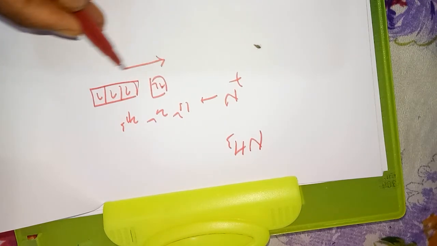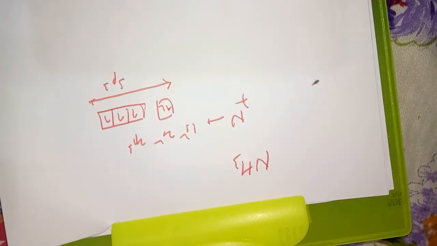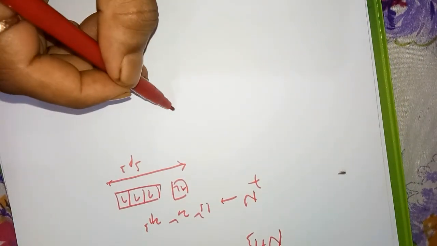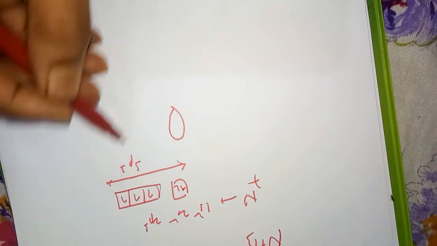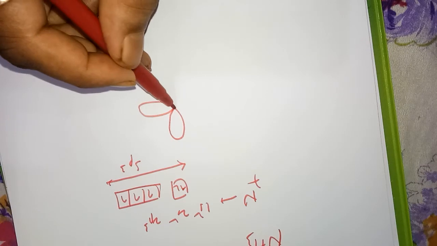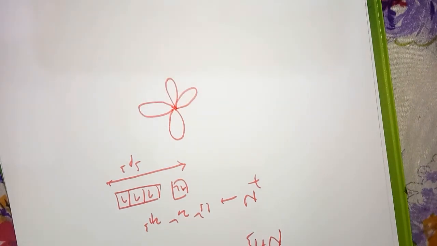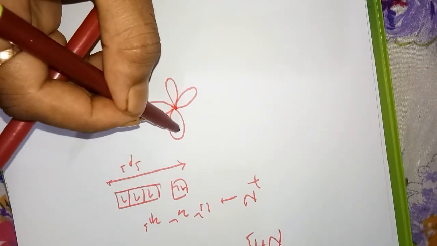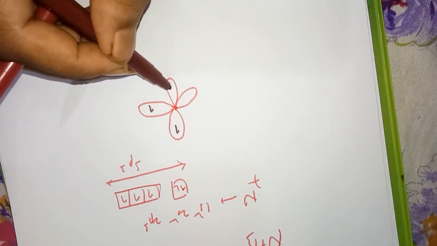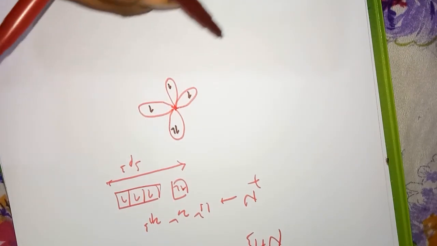So hybridization type is sp3, s1 p3 involved, means one box of s and three boxes of p. So this is your sp3 type hybridization. And how many electrons are there? 2 plus 3, 5 electrons. 1, 2, 3, 4, 5 electrons are put like that.